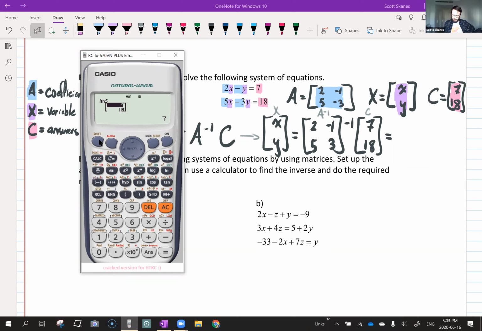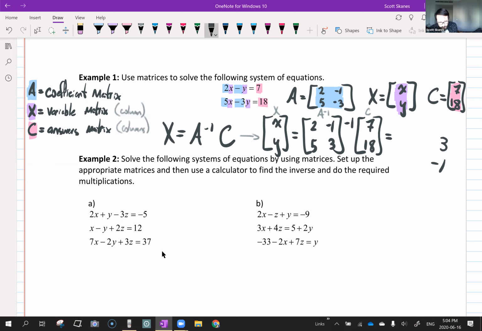I think maybe I forgot to do an inverse. I feel like I put something in wrong. This should give a 3 and a -1. But I'm a little bit confused as to what I've done wrong.